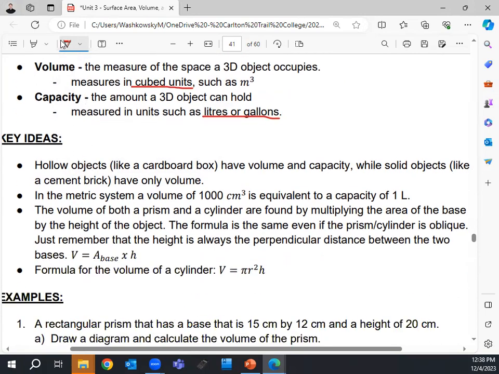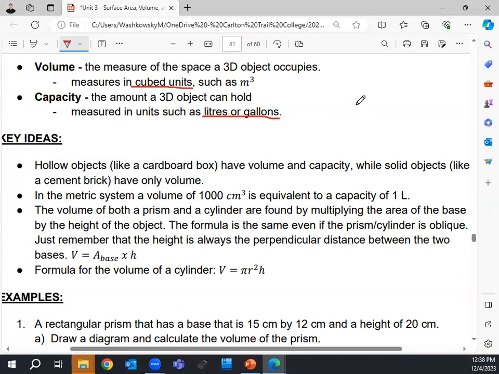So one thing to note, if you ever need to convert this, is where we get the idea of 1 liter from. Think about those base measurements, like a pound, a liter, a kilogram, a gram. All of those came from something. We actually use water to figure out a lot of those weights.